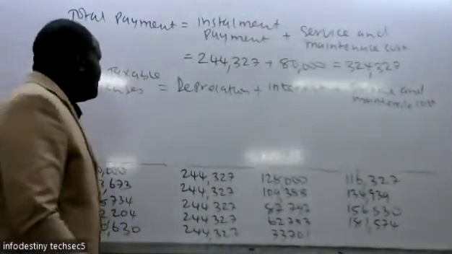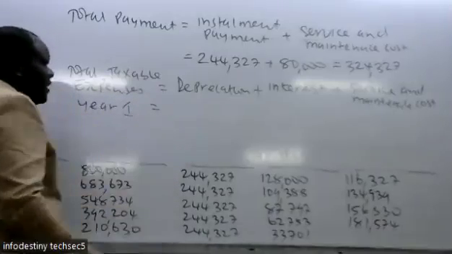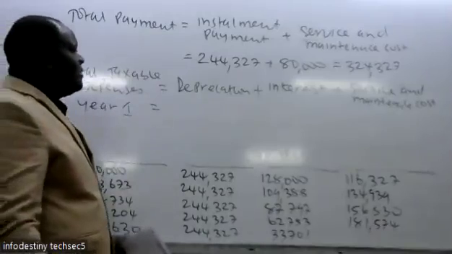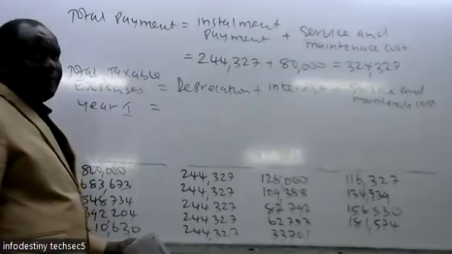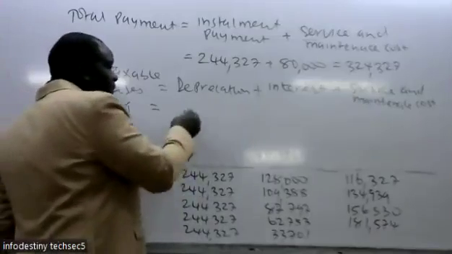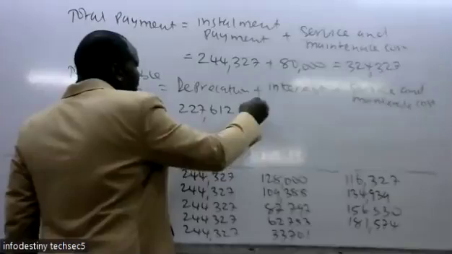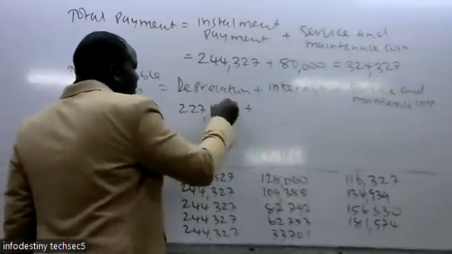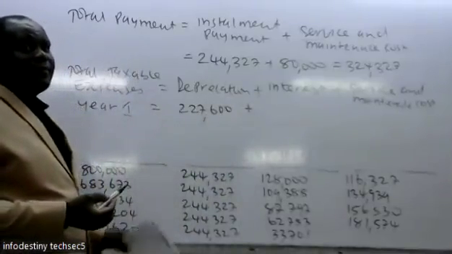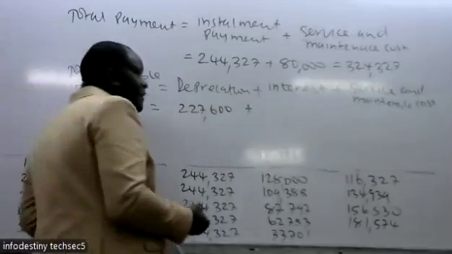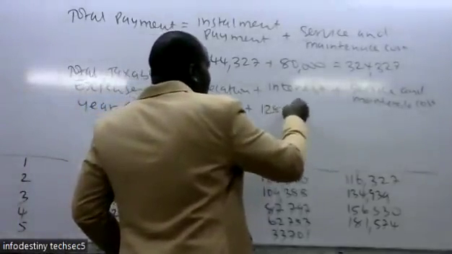So those are now the three items that are taxed. So we can start off with year one. Can you check under depreciation? What was the depreciation for year one? 227,612. Then confirm also interest for year one. Interest for year one was how much? 128,000.